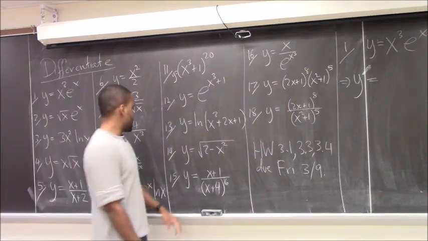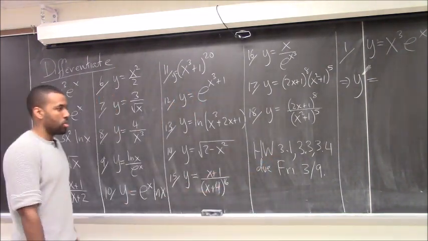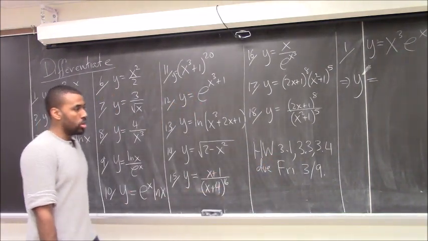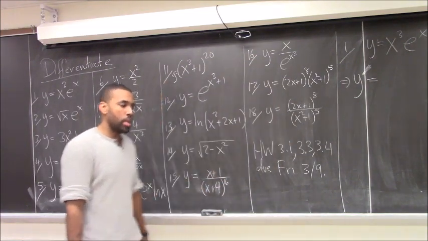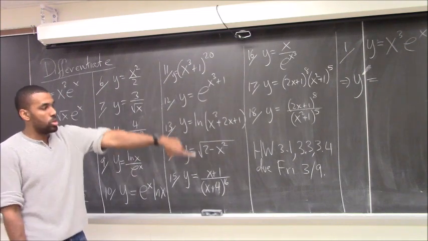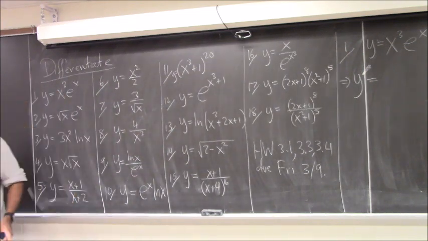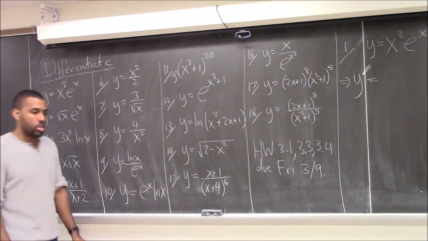There's also one more example I want to do in 3.1, so I don't want to set the homework due for 3.1 yet. It's going to be a word problem where we apply derivatives to a motion problem. So after these, we'll do one of those, and then we'll move on to section 3.5, which is implicit differentiation.